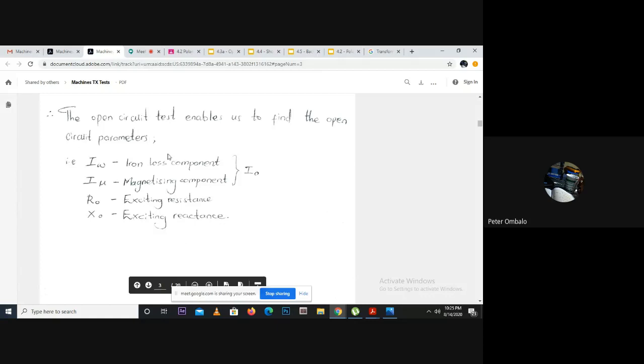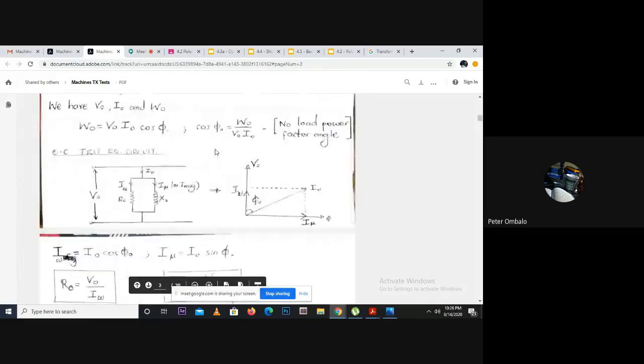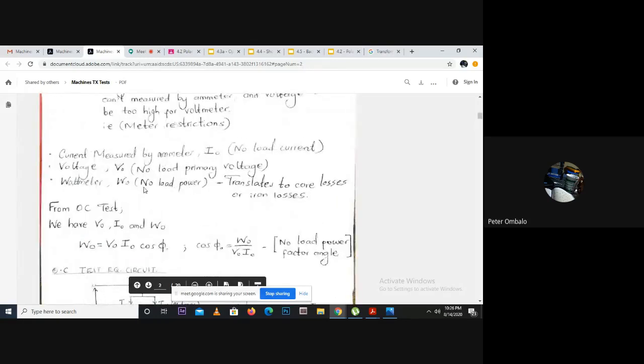So these are important because a question can be formed and they can ask us to get the open circuit parameters. So these are what we'll be looking for. And whenever we have a question, we are given what parameters have been measured from the open circuit test, which is V naught, I naught, and the power.